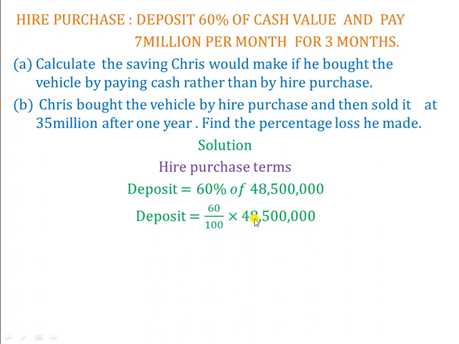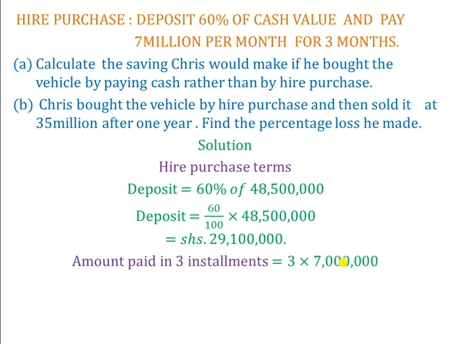So you multiply it by 48 millions 500,000. When you do this and compute correctly, you will come up with shillings 29 millions 100,000. So this is only the deposit you have to make if you're to buy the same vehicle on hire purchase. Then let's continue and look at other details for the installments especially.